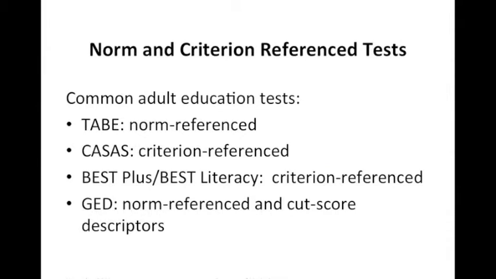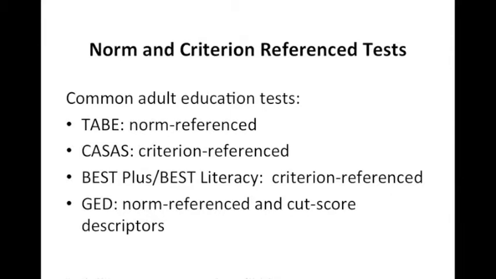So you're not competing or working against your classmates in terms of understanding where you are in your learning process. You're just trying to reach a particular goal in that kind of testing. Best Plus and Best Literacy are also criterion reference testing. They are asking you to reach a goal.